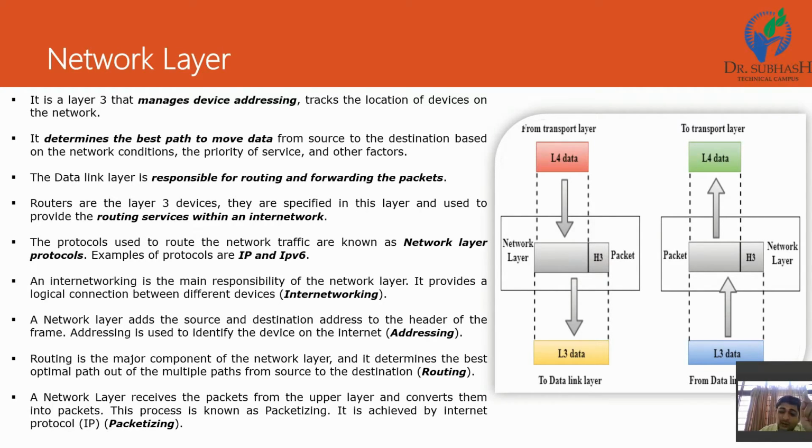The physical layer converts all the frames into bits and transmits the bits from the physical device. Now in reverse, the data link layer gets the frame, converts it into a packet and passes it to the transport layer. This is the paradigm of working of the network layer, right?